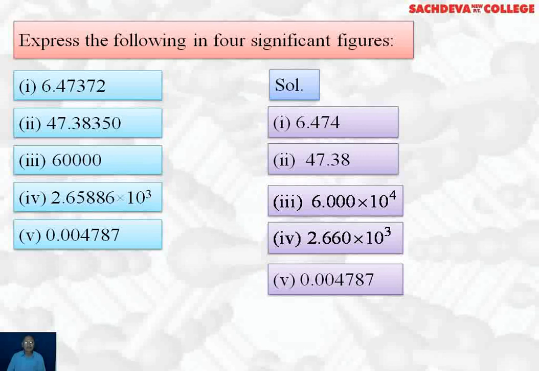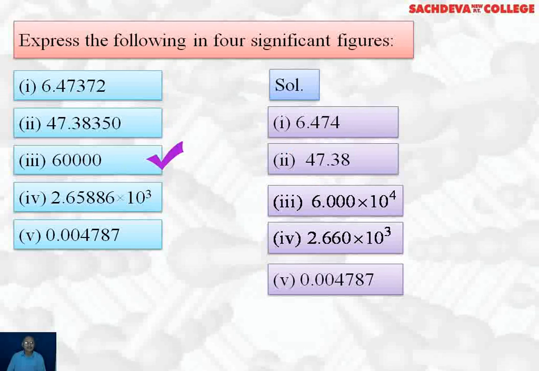So the correct answer becomes 6.475. Same way, the next, 47.3835 will become 47.38, and we have ignored the 35 because it is less than 50.